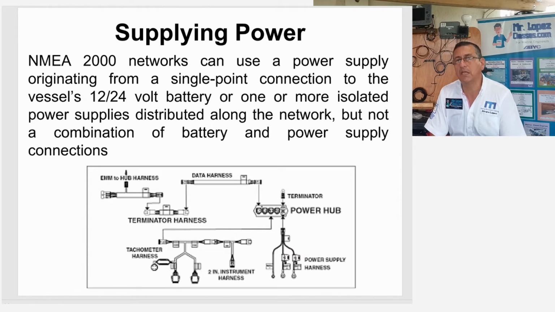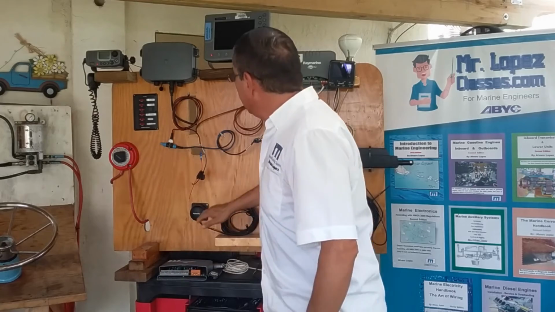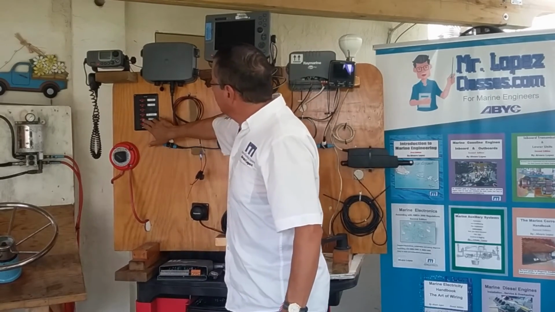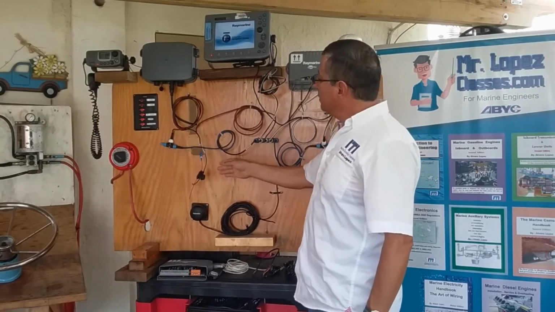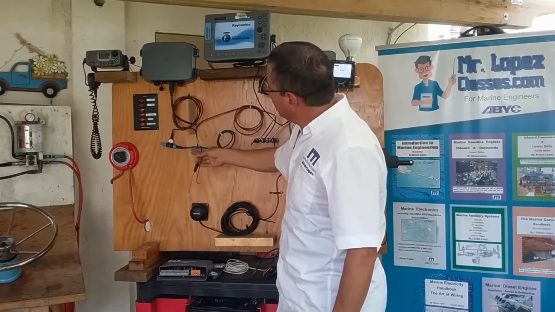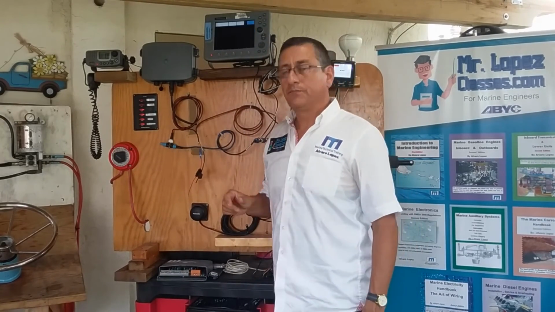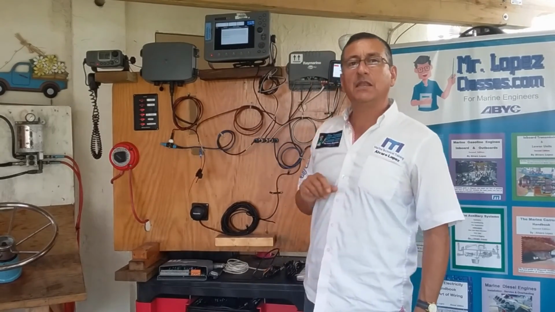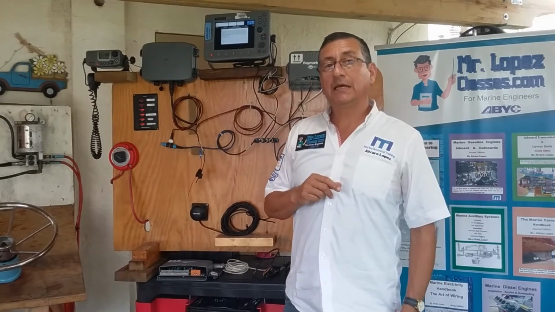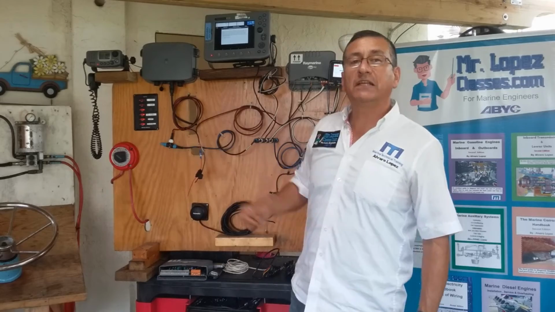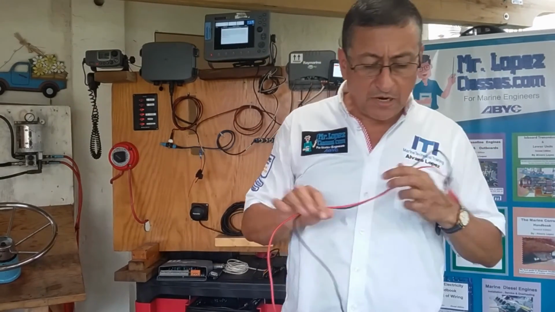Let me explain the meaning of that. In this particular scenario, this boat is configured with two sources of power coming from the battery, 12 volts. This is the particular design of this boat. There are boats that don't use power from the batteries. They use sources of power like this.